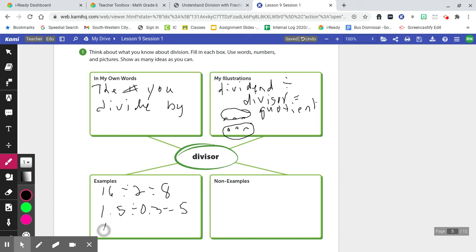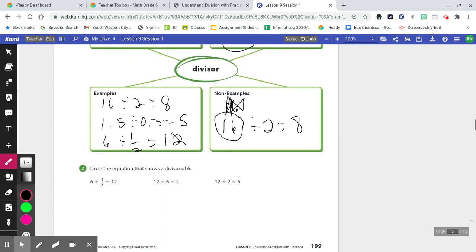I could do 6 divided by a half. It's not 3. I'm cutting each of the pieces into 2 pieces, so I get 12. Non-examples. This is not the divisor. If I have 16, of course, it's not letting me write now. Okay, 16 is not the divisor. That's the dividend. That is a non-example.